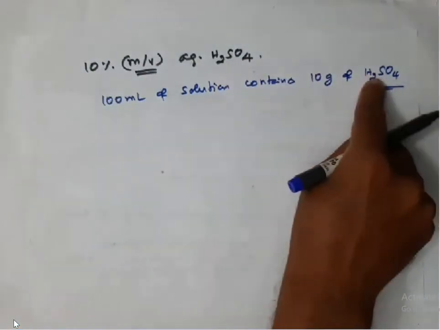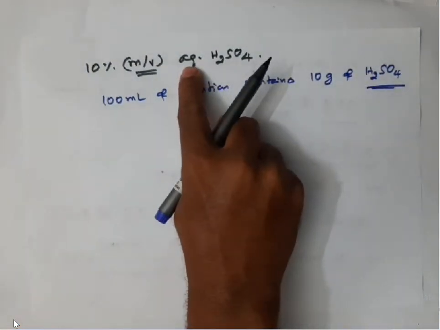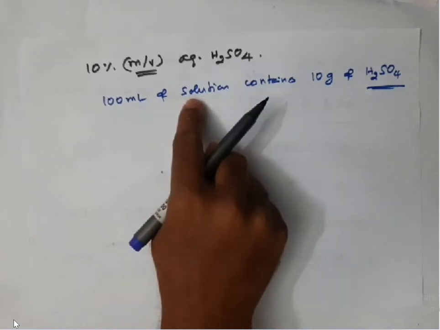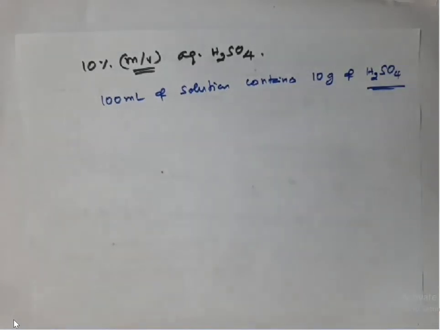Sulfuric acid is the solute. Water is the solvent here. That's the meaning for 10% mass by volume solution.